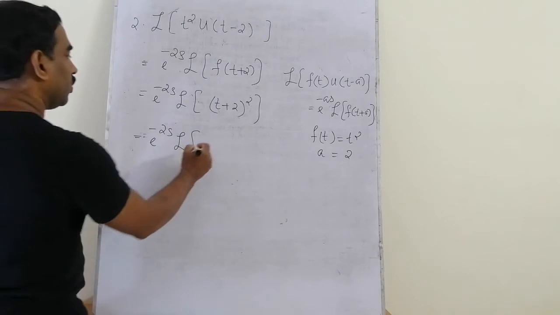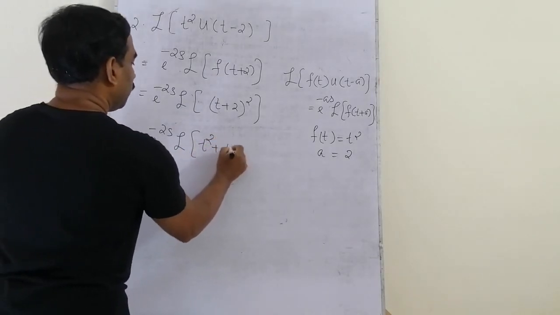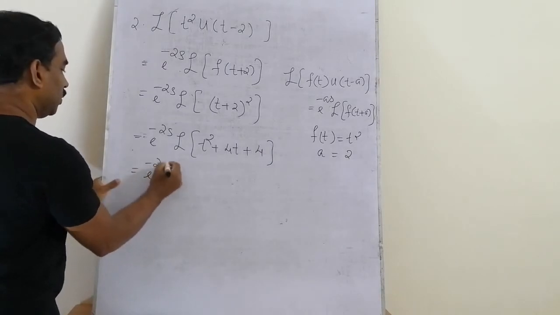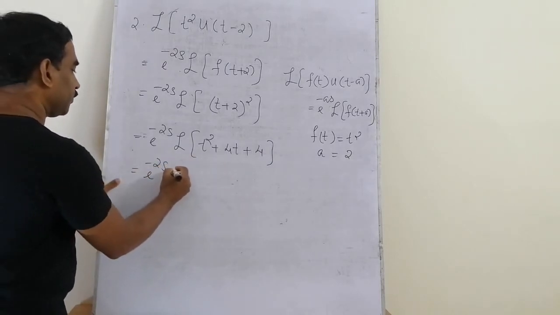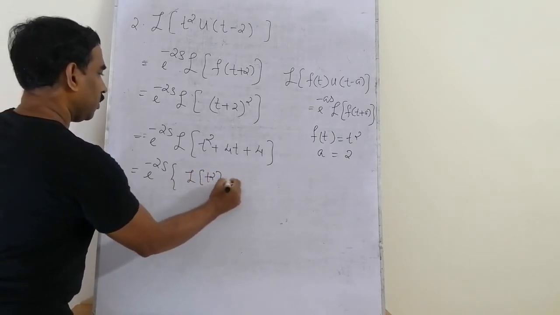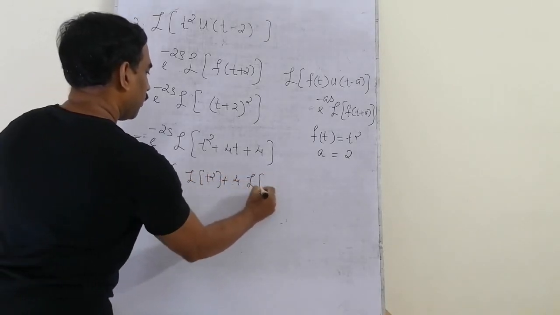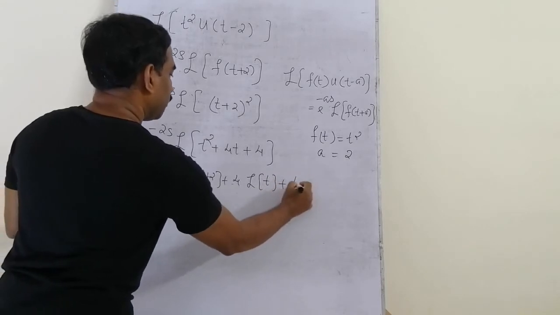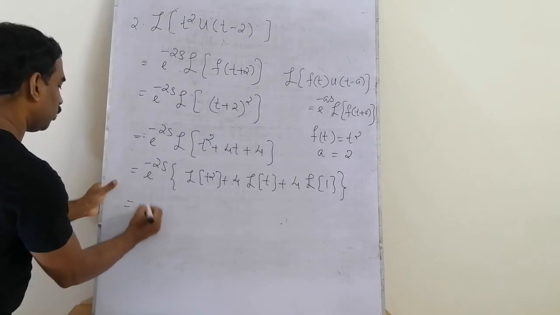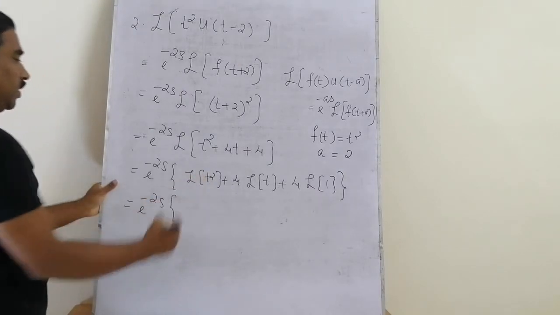Expanding this, we have t^2 + 4t + 4. This is equal to e^(-2s) into, applying linearity, the Laplace transform of t^2 plus 4 into the Laplace transform of t plus 4 into the Laplace transform of 1, equal to e^(-2s) into, and what is L of t^2?